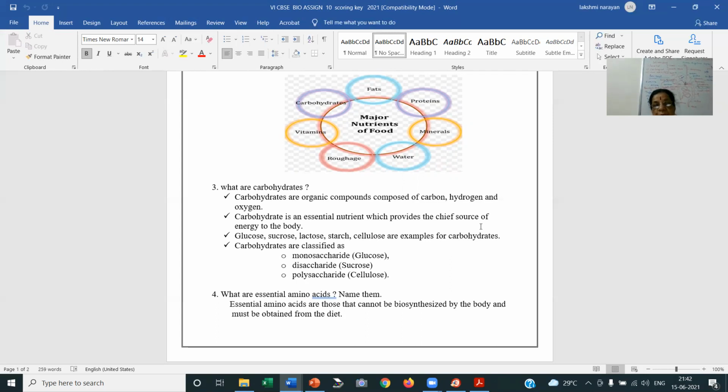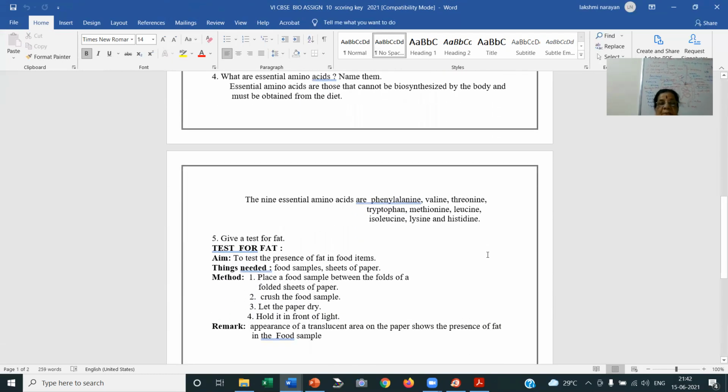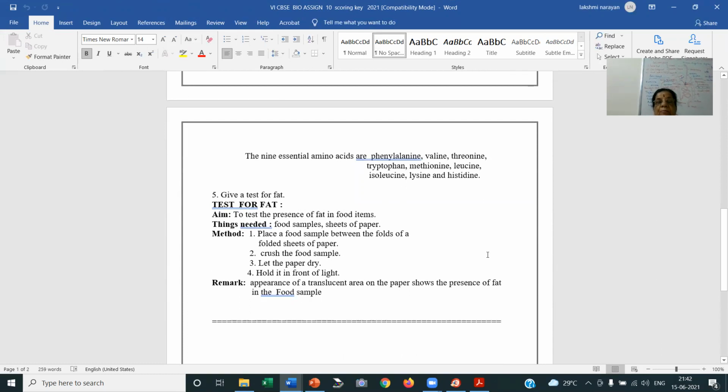There are 9 essential amino acids: phenylalanine, valine, threonine, tryptophan, methionine, leucine, isoleucine, lysine, and histidine.